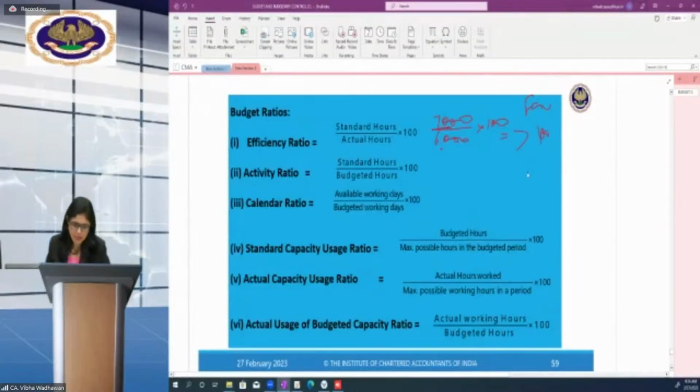Activity ratio, standard hours by budgeted hours. So standard hours 7,000, budgeted hours 6,400. Standard hours divided by budgeted hours. Yes, please calculate.